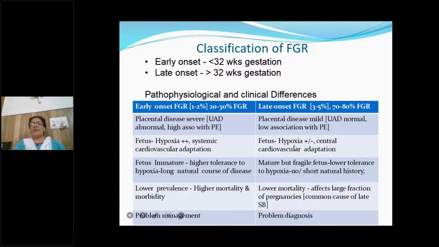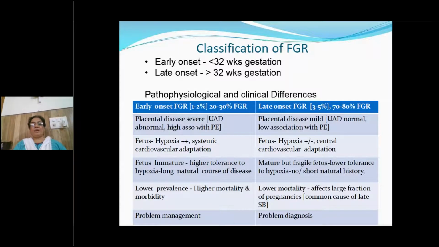You see the circulation to the brain maintained, and other organs may be a little bit compromised, but there is no significant hypoxia. In early onset, because it starts early, the fetus is immature, and because the natural course of the disease is long, the fetus has enough time to adjust to the hypoxia, and so it has high tolerance to hypoxia.